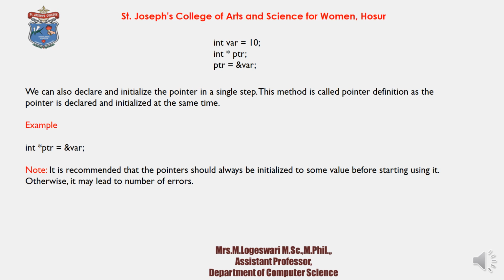For example, int *ptr = &var. The same process is done in a single line. It is recommended that the pointer should always be initialized to some value before using it, otherwise it may lead to a number of errors.